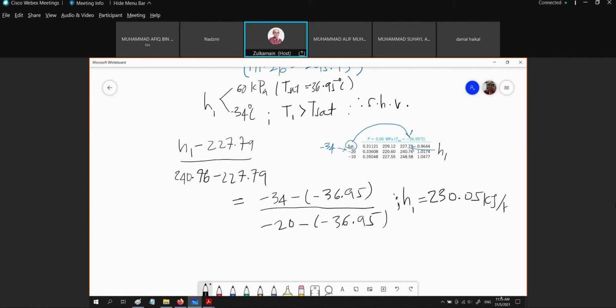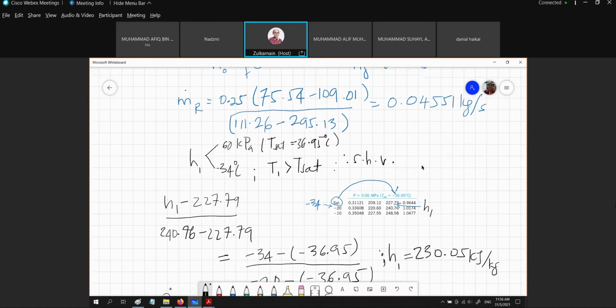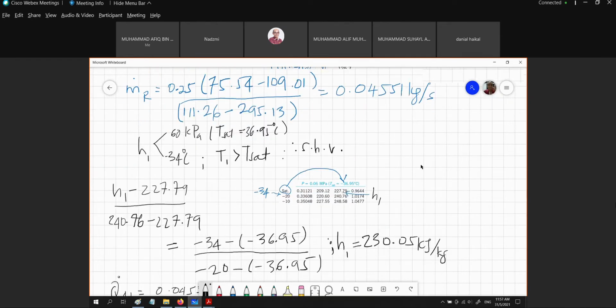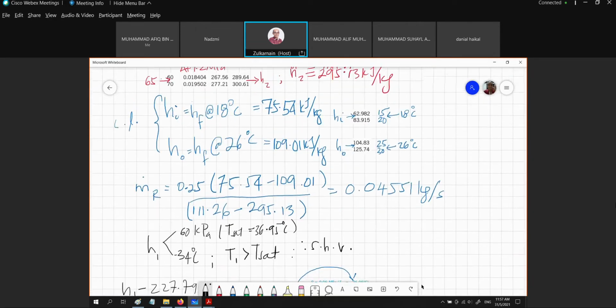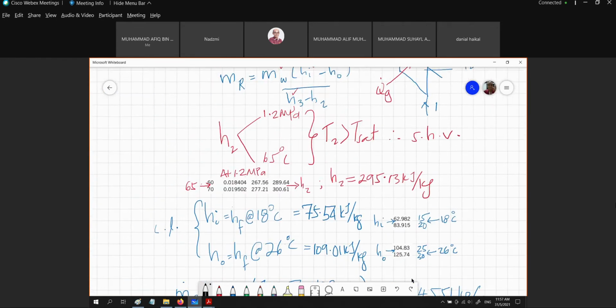So now get our Q dot for one. M dot R. Let's show M dot R: 0.044511. Then 5.1 minus, H1 minus H4.